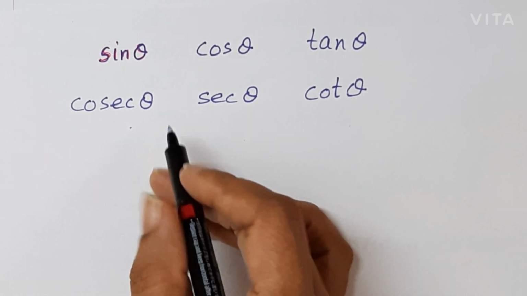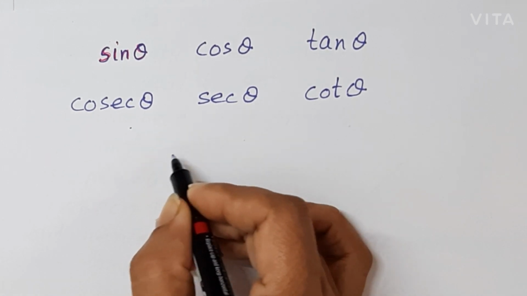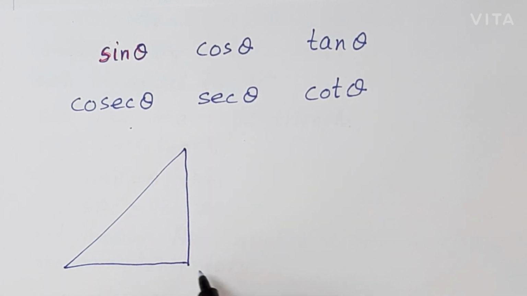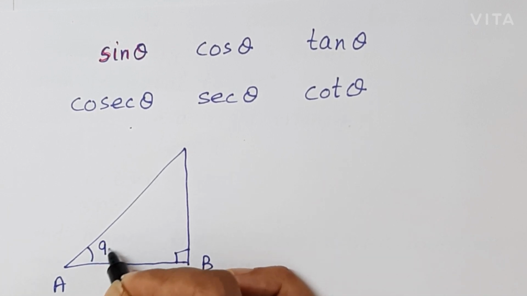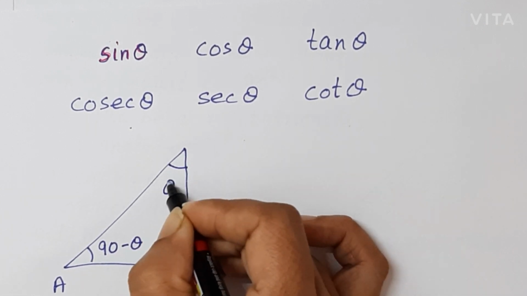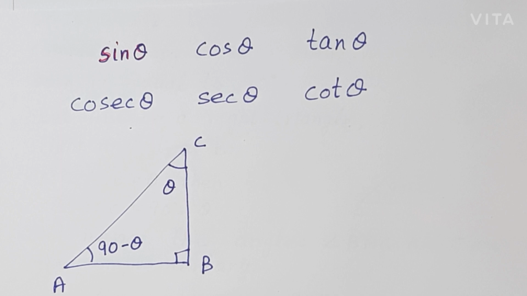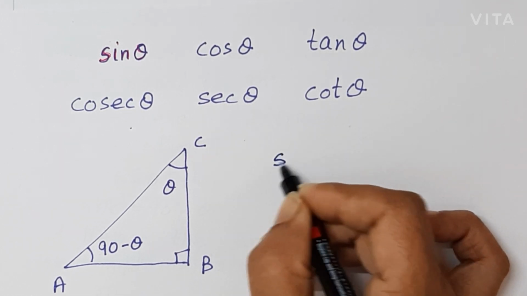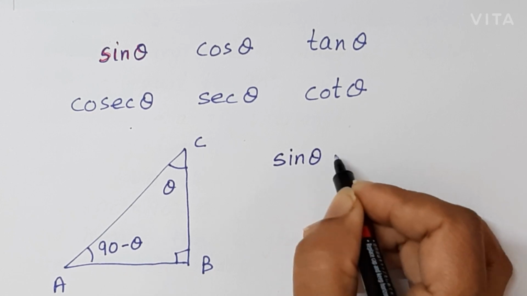Now, if you consider a triangle ABC, where angle B is again 90 degrees. Here angle A is 90 minus theta, that we have discussed just now. Angle C is theta. Clear? Now students, tell me, what will sin theta be equal to?